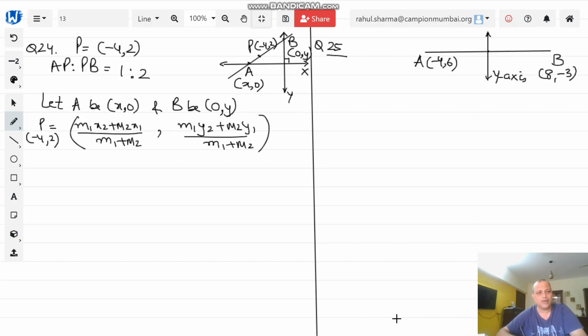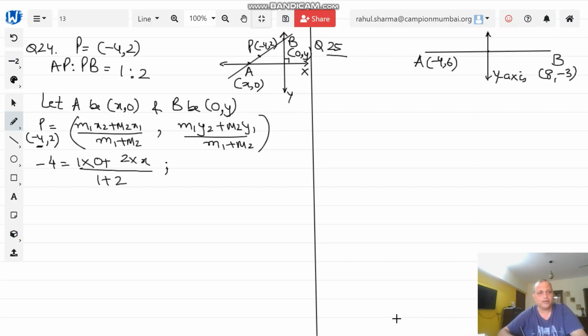So let's substitute values. This is the x coordinate, which means negative 4 will be equal to m1, in this case 1, x2, in this case 0, plus m2, in this case 2, x1, in this case x, upon m1 plus m2, that's 1 plus 2.